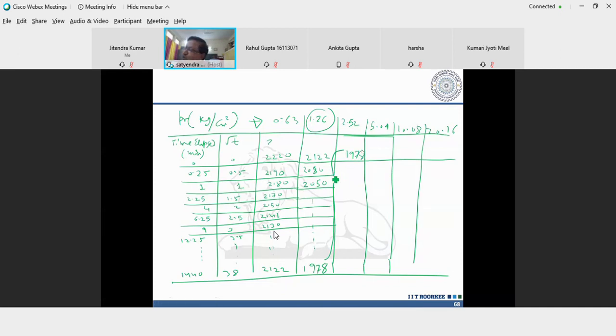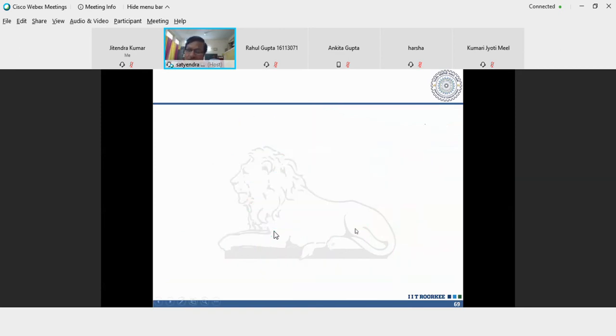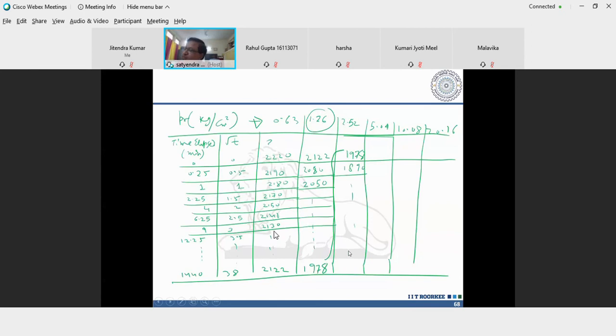So it is say 1890. So the last reading is 1800. Again you come next day. So 1800 will be the initial reading for the next day. Then say 1505.